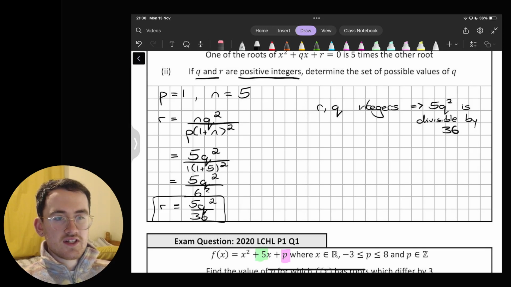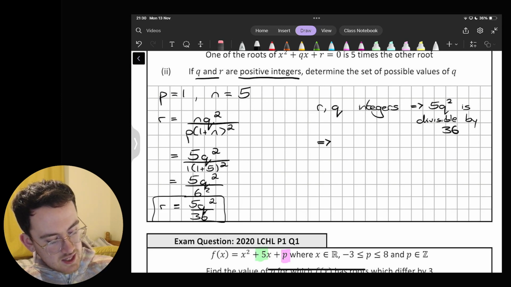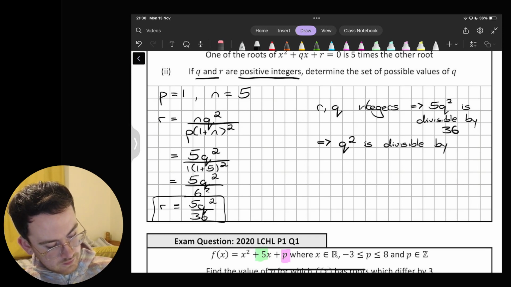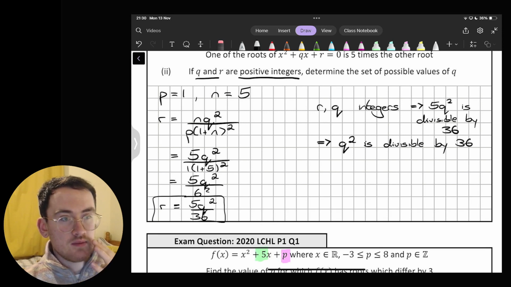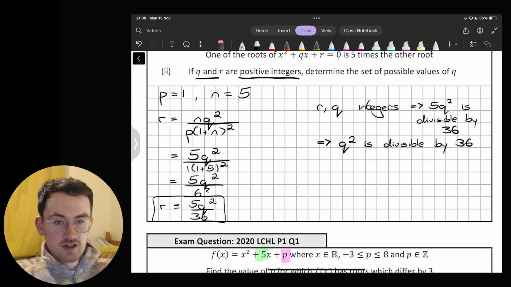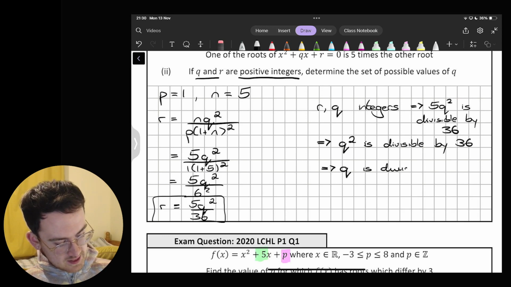Okay, now 36 is not going to divide into 5. Okay, 36 does not divide into 5, so that actually means that q squared is divisible by 36. Whatever we multiply by, if we multiply q squared by 5, factors of q squared are still going to divide in. If q squared is going to be divisible by 36, that's going to mean that q is divisible by 6.